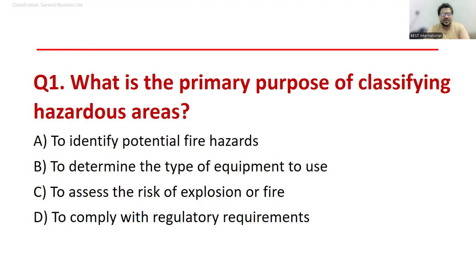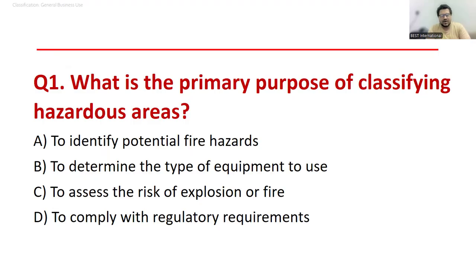All the best. What is the primary purpose of classifying hazardous areas? You have four options. Option A is to identify potential fire hazards. Option B is to determine the type of equipment to use.